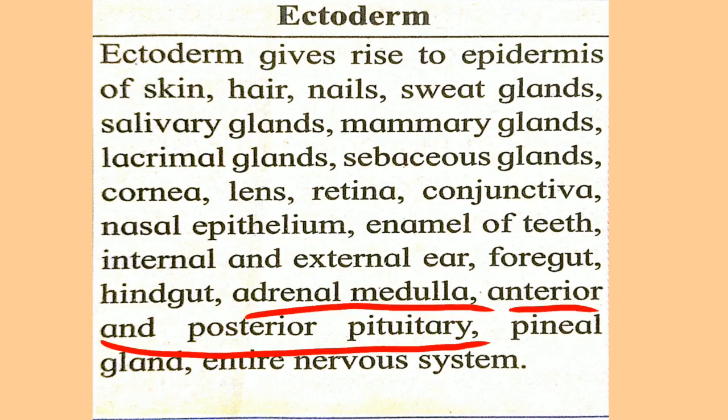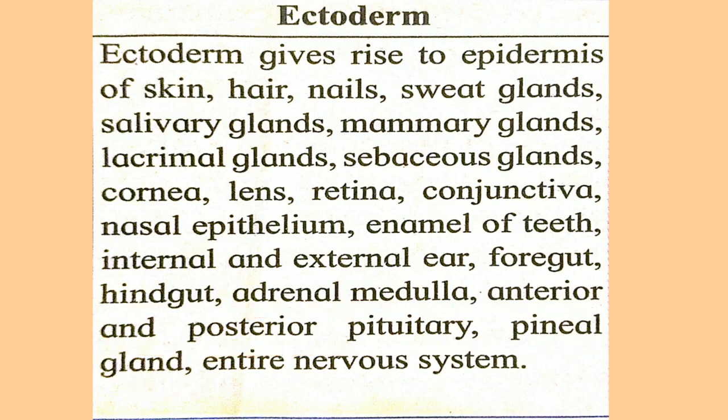And the entire nervous system, that is central nervous system, peripheral nervous system and autonomous nervous system, all these parts of the nervous system are originated from ectoderm. So you must remember which organs arise from which germ layers, and these are the different fates of endoderm, mesoderm and ectoderm respectively. Thank you.